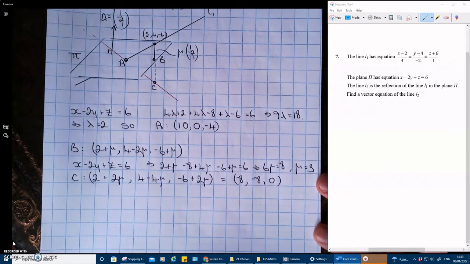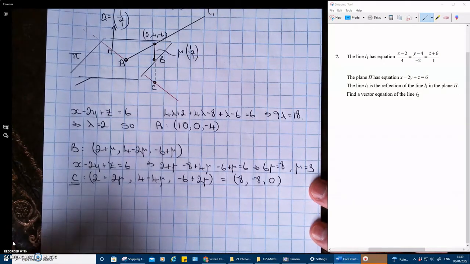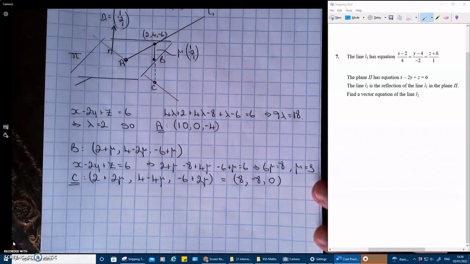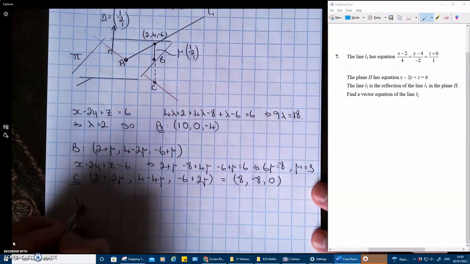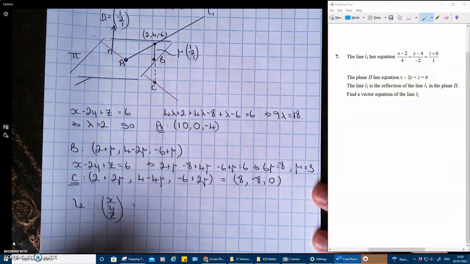So finally I can find the equation of line L2, because I've got 2 points. I've got point C, and I've also got point A. So line 2 is x, y, z. I want a point on the line. I'm going to pick A or C, doesn't make any difference.